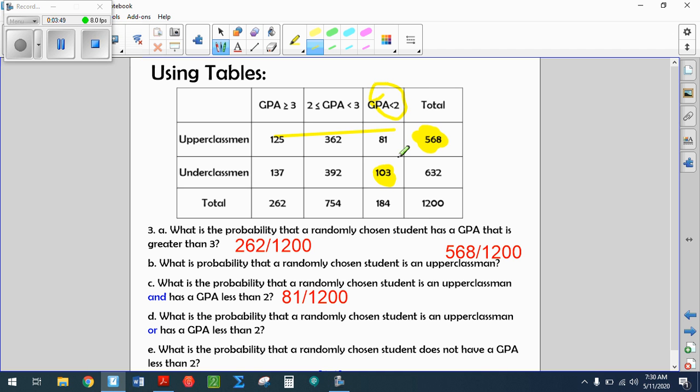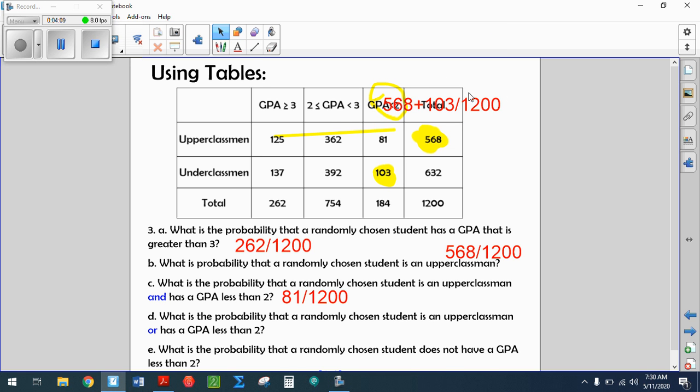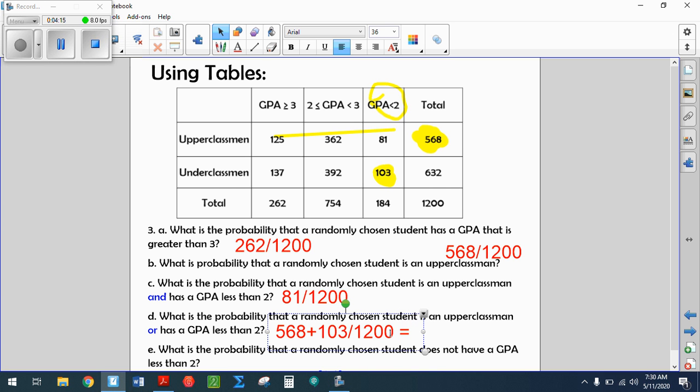The other group with a GPA less than 2 besides the upperclassmen I already counted is this 103. So I need 568 plus 103, over 1,200. So 568 plus 103, that'd be 668 plus 3 is 671.